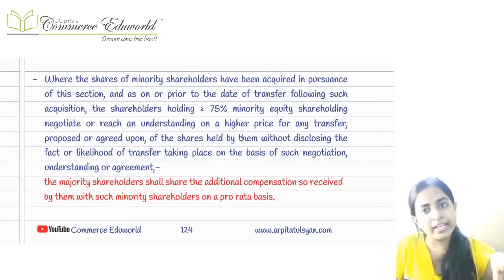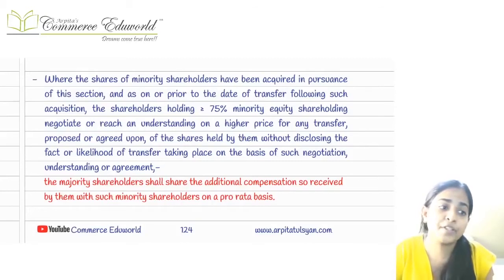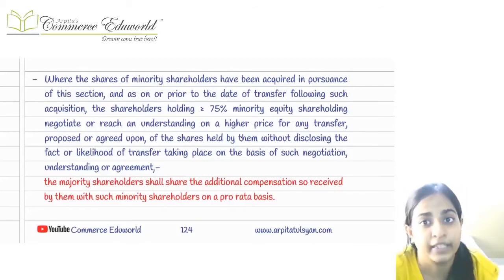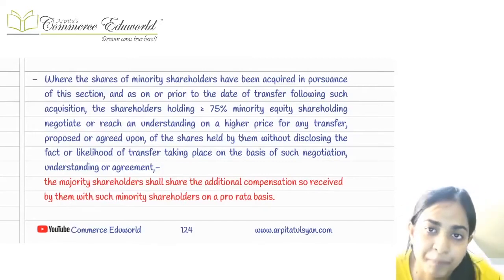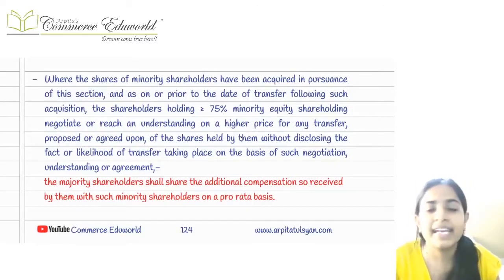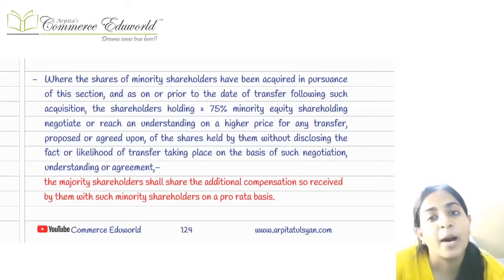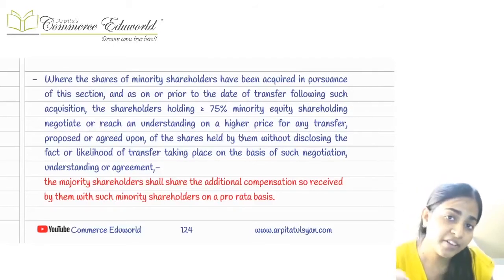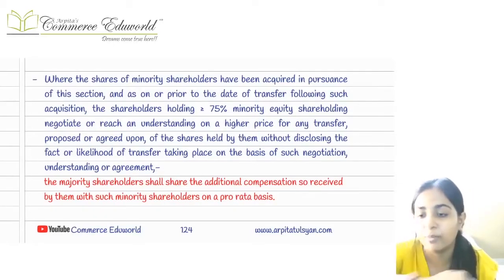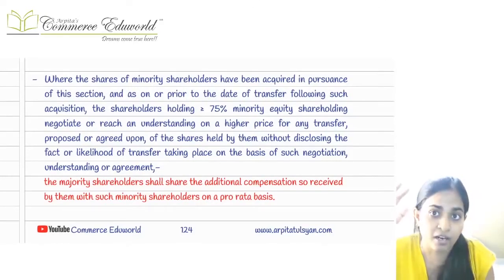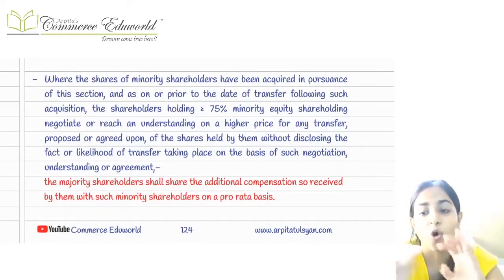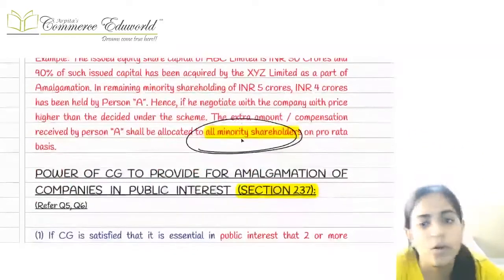Suppose in the remaining 10% minority, someone is holding at least 75% of it. Then that particular person can have a good bargain: okay, I can give you the shares if you give me so and so extra amount. Whatever extra consideration is received by this person will be shared amongst all the minorities, not only with this big minority, on a pro rata basis.